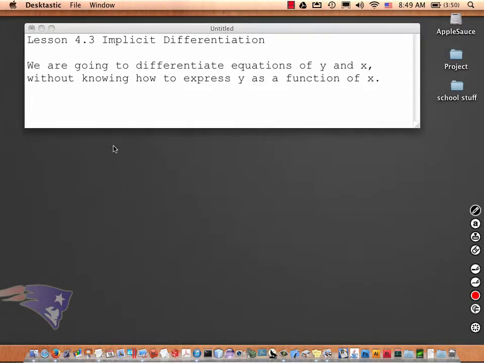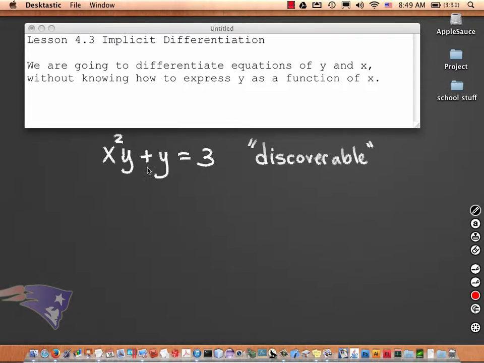So, here's an example of an equation, x squared y plus y equals 3. Now, even though y is not expressed as a function of x, it is discoverable. Let's write down that word. Meaning that we can put y equals negative x squared y plus 3?